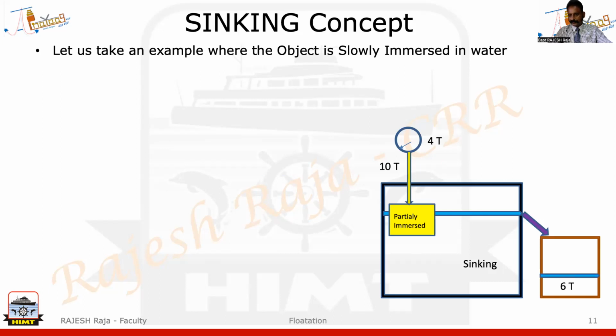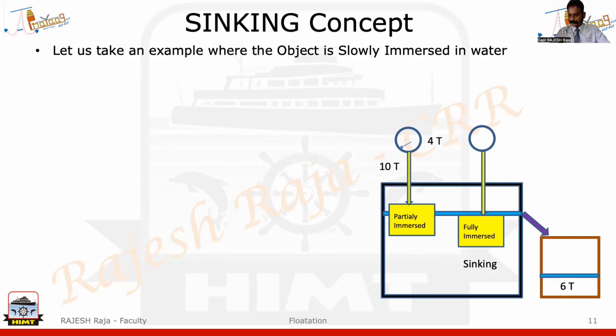Now continue the experiment. Let me lower it more. Now it has reached a condition of fully immersed state. That means it has pushed the maximum amount of water it can push. Why? Because it took over the place of the water. It is as if you had a seat and somebody came and pushed you and he sat down.